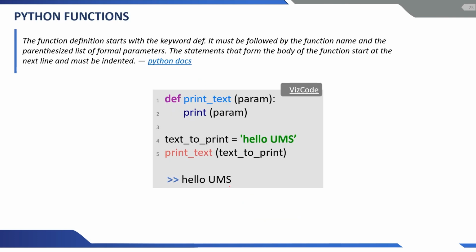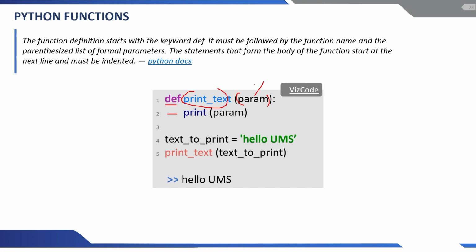According to the Python documentation, the function definition should start with the keyword def, and then followed by the function name, and then you have these brackets here, and here we will write the param. Param is the input parameter. This line 2 here is where all the logic of the function goes.